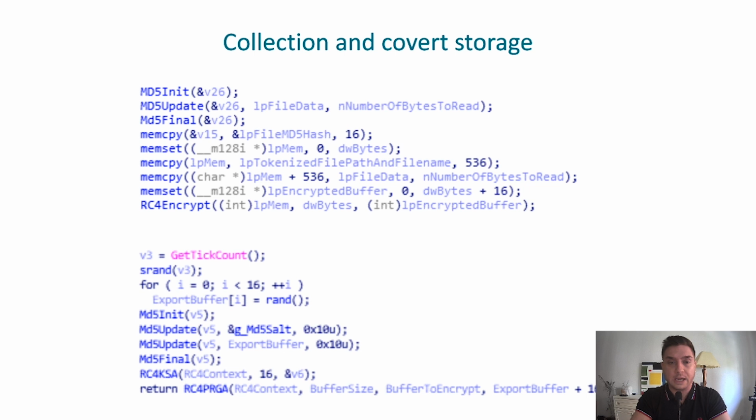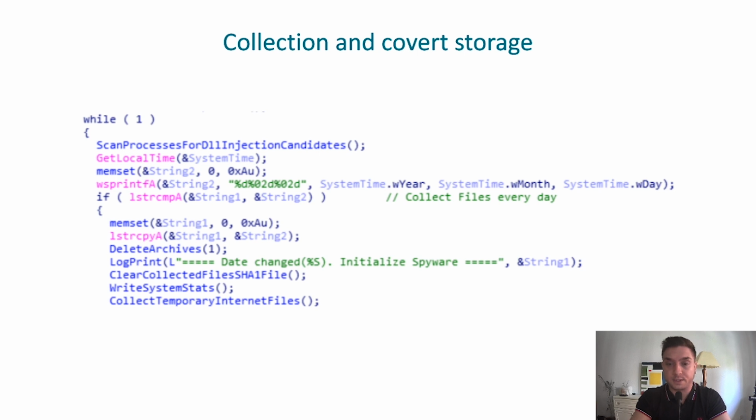After this information is appended to the buffer, the contents of the file to be collected will be appended. And then this buffer will be RC4 encrypted. A sequence of 16 bytes will be generated, and an MD5 hash will be calculated. This MD5 hash will be the actual RC4 key. And this RC4 key will be unique for every file and can always be found at offset 0 of the RC4 encrypted blob.